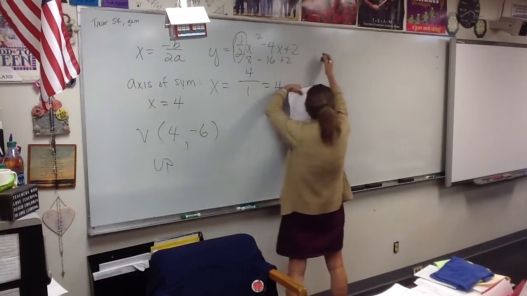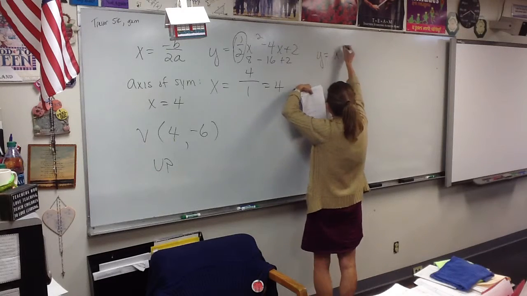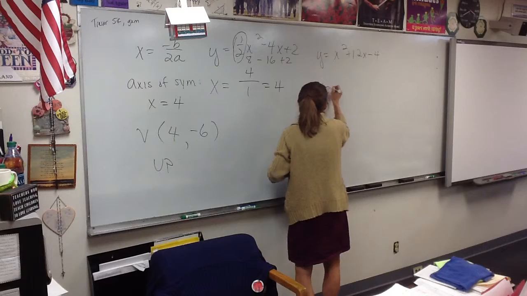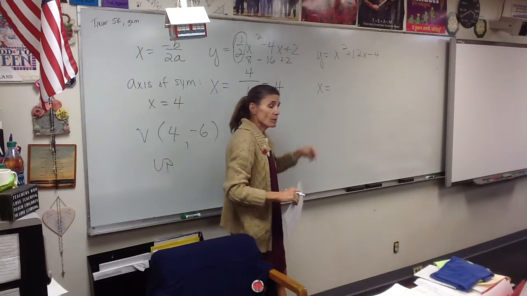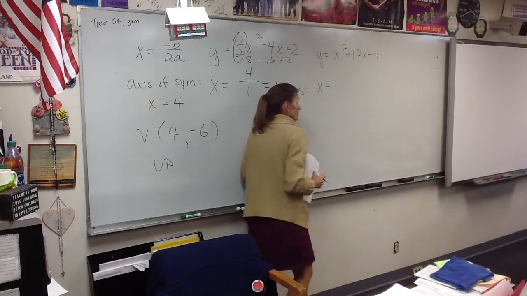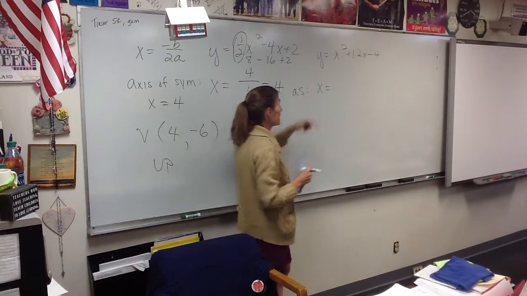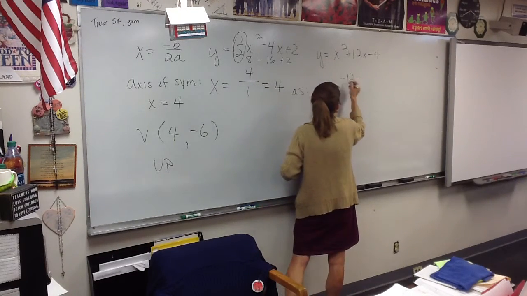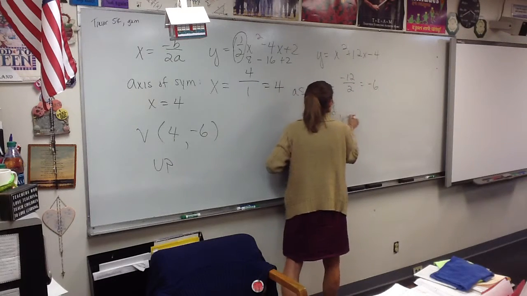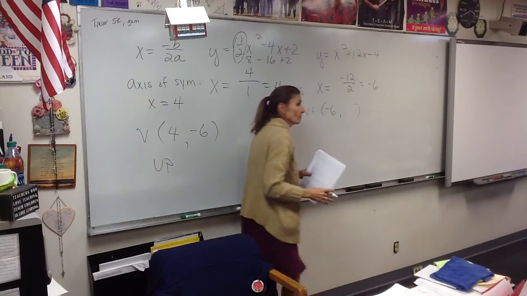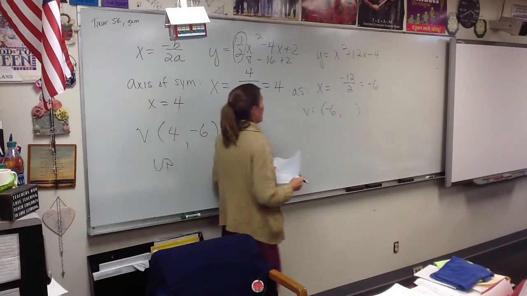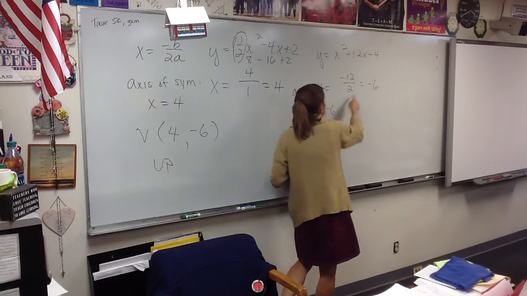Now, we're going to do exactly the same thing for this one. So here we go. Axis of symmetry. Negative B over 2a. I got negative 6. What about you? Which means my vertex has an x coordinate of negative 6.